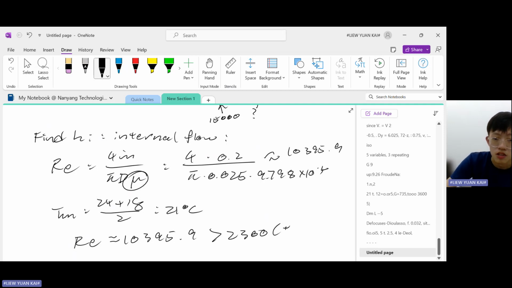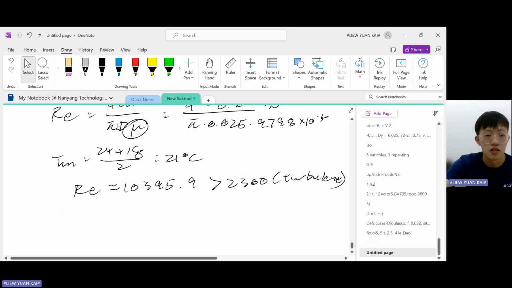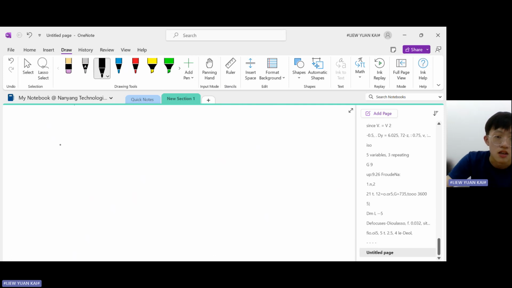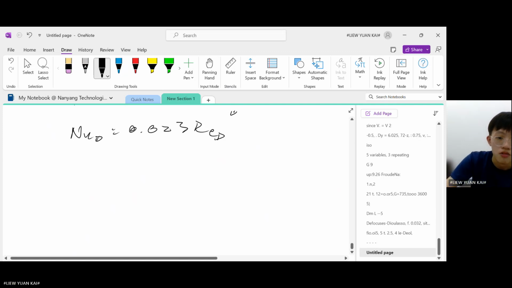So this is turbulent. If it is turbulent, that means you use the Dittus-Boelter equation. The Dittus-Boelter equation is Nu_D equals 0.023 Re_D to the 4/5 times the Prandtl number to the n.